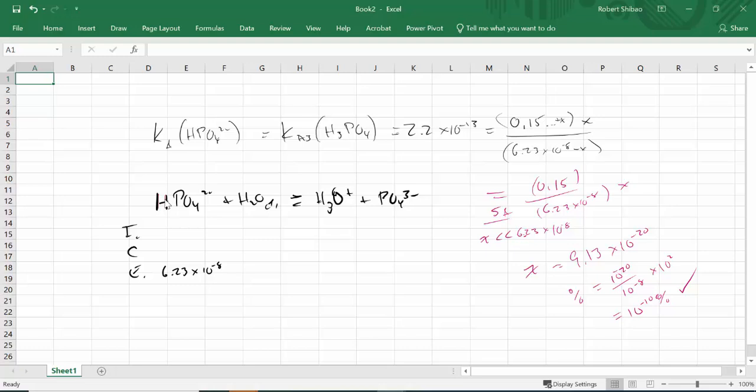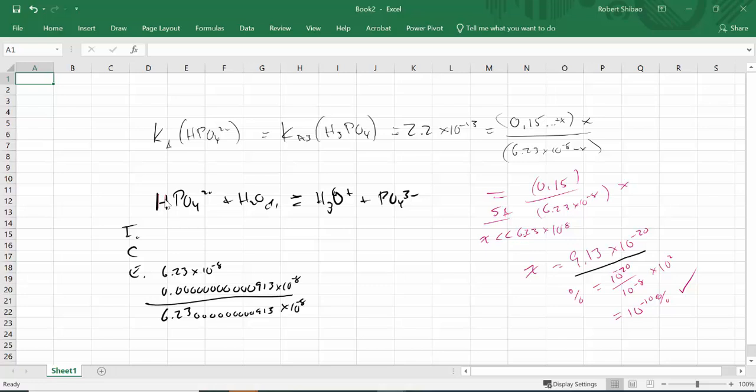I'm going to write both of these in terms of 10 to the minus 8. So in terms of 10 to the minus 8, I'm going to make this one bigger, so I need to make this one smaller. And so I'm going to make this one bigger by 12. And so I need 11 zeros, and I'm going to get 6.23, and then 9 zeros, 9, 1, 3 times 10 to the minus 8.